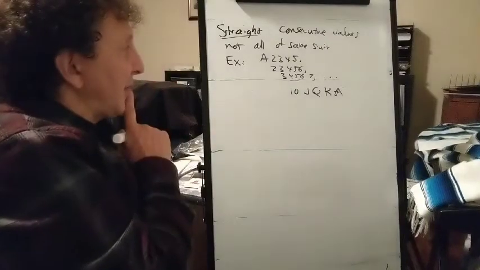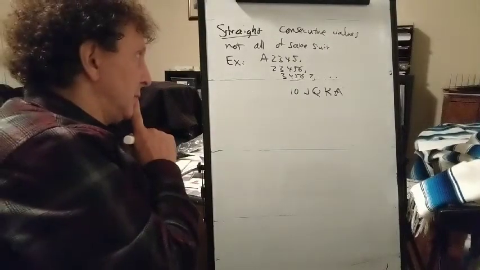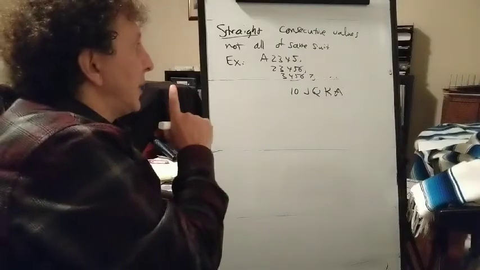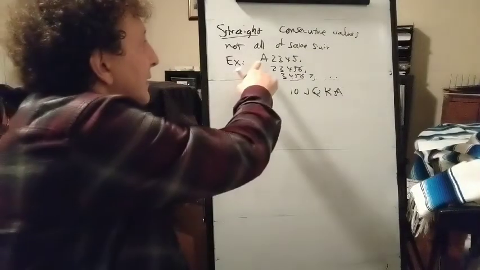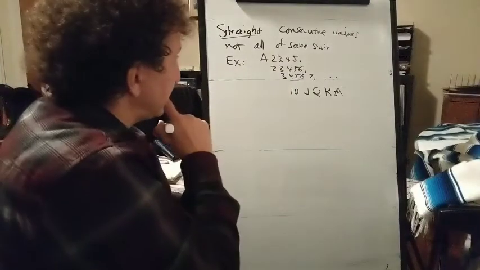So the number of starting points is 11. I'm sorry, the number of starting points is 10. Ace through 10.